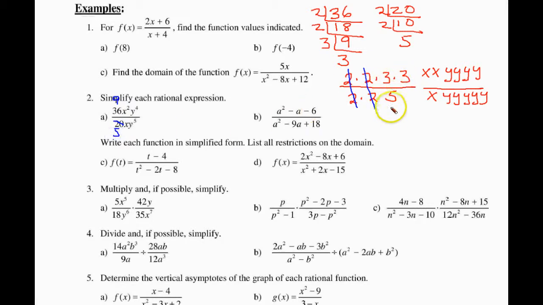So that's what we have here, 9/5. And then we're taking out ones here. This is a 1. This is a 1. y over y is 1. So we're left in our numerator with an x and our denominator with a y.